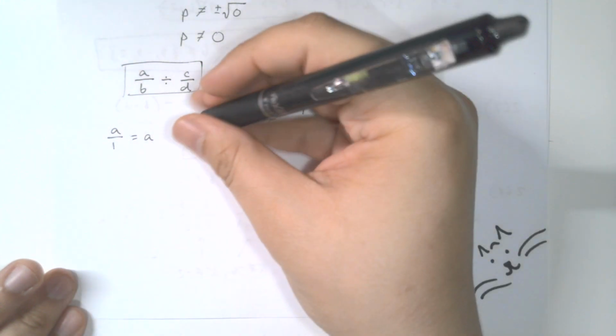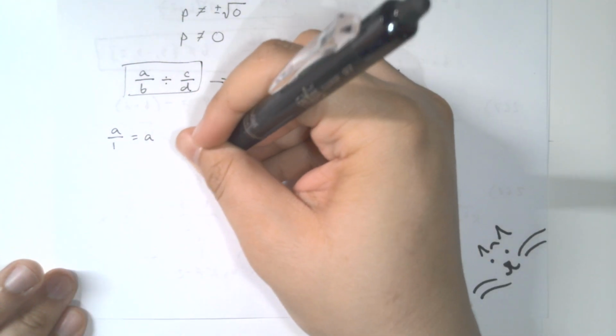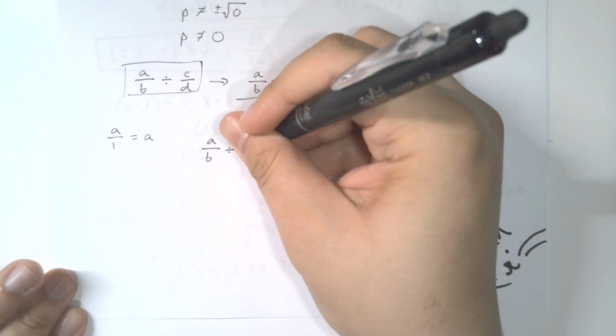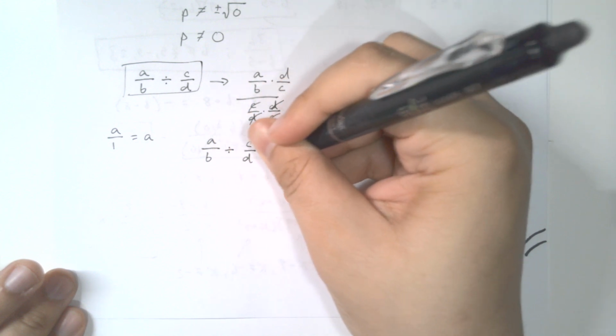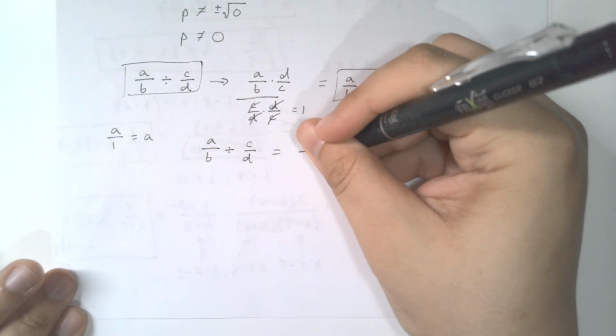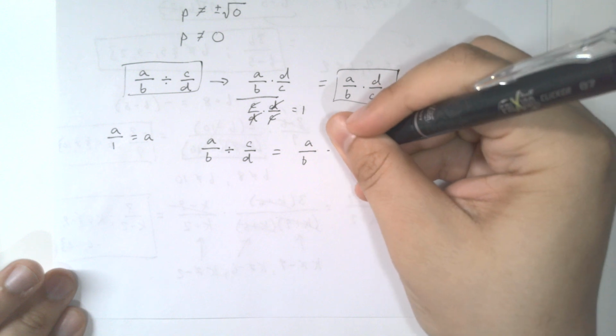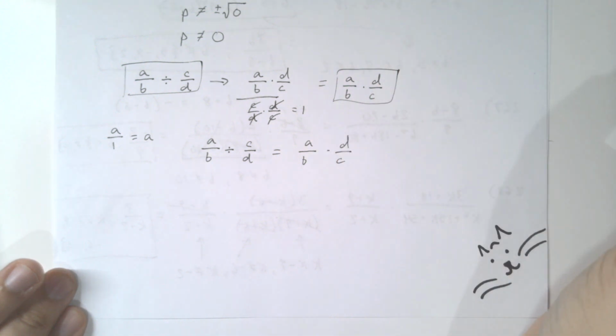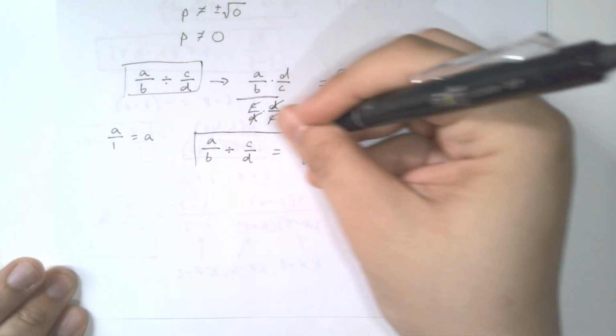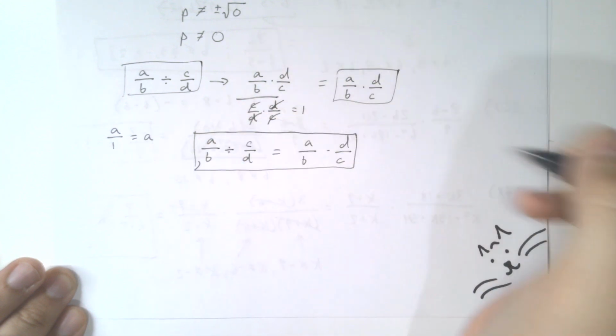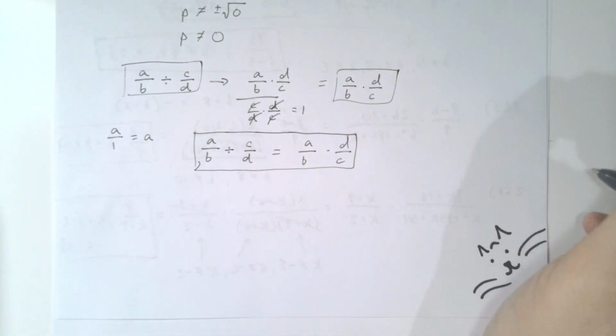So, in a nutshell, a over b divided by c over d is equal to a over b times d over c. So, we're going to use this property of flipping our fractions to solve the 6 remaining problems that we have.